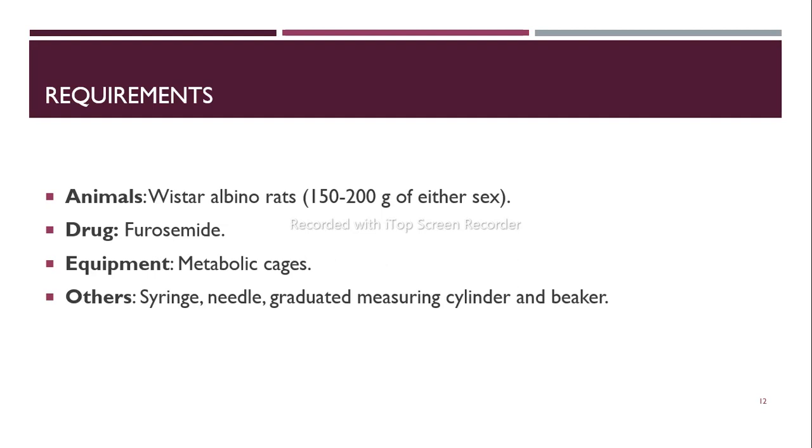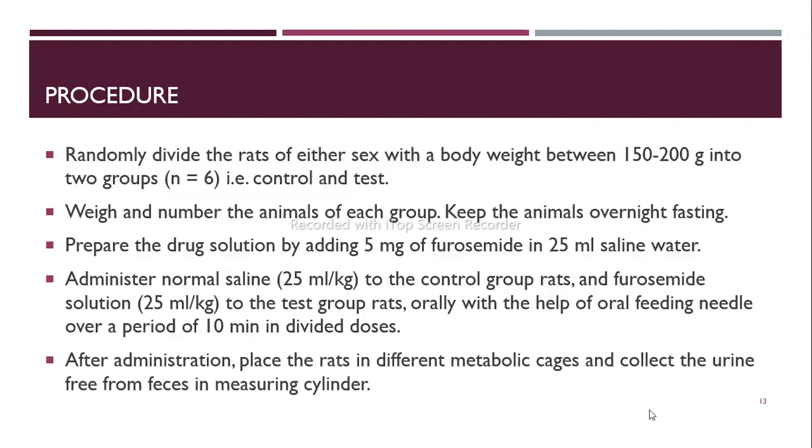Then the drug which we are going to use is furosemide. The equipment which we require is metabolic cages, and the other things we require are syringe, needle, graduated measuring cylinder, and a beaker.